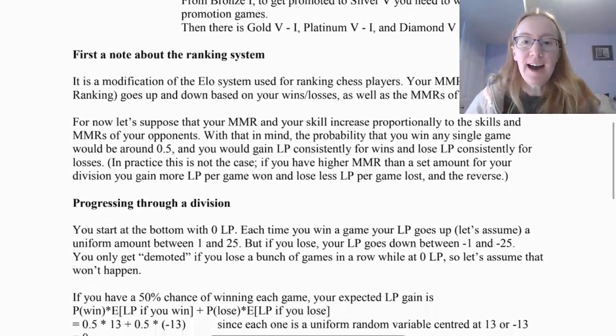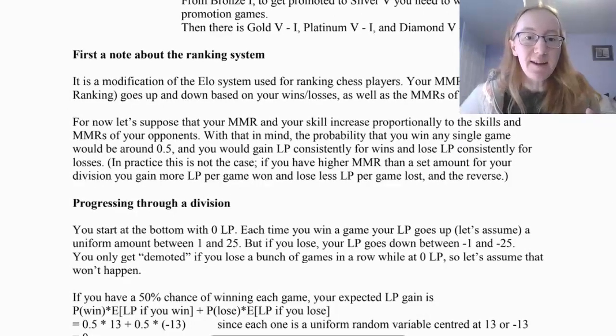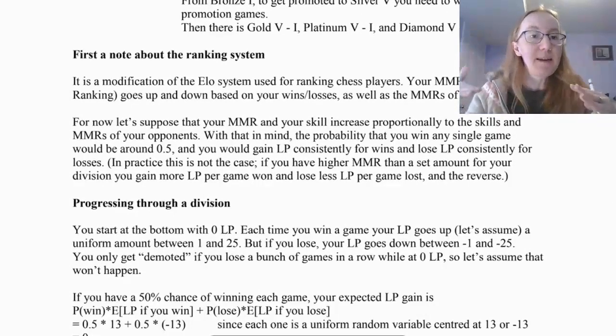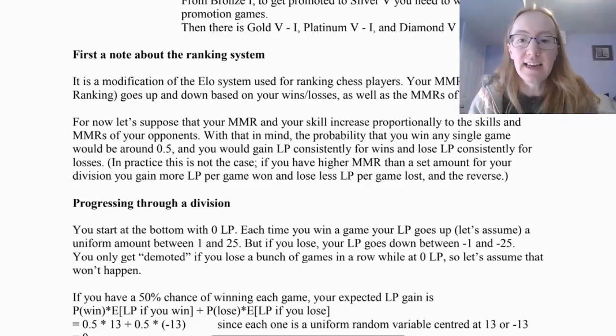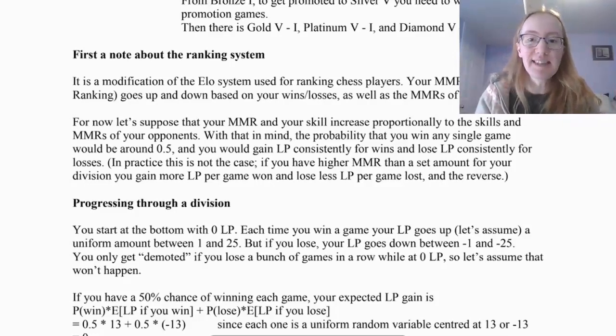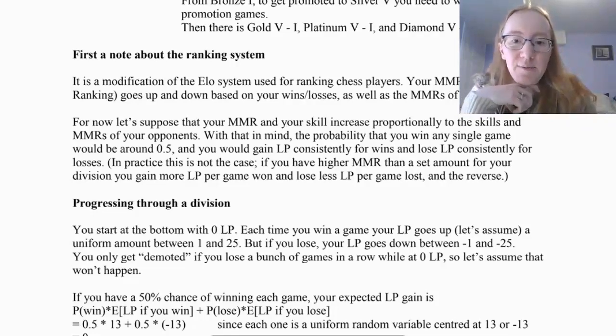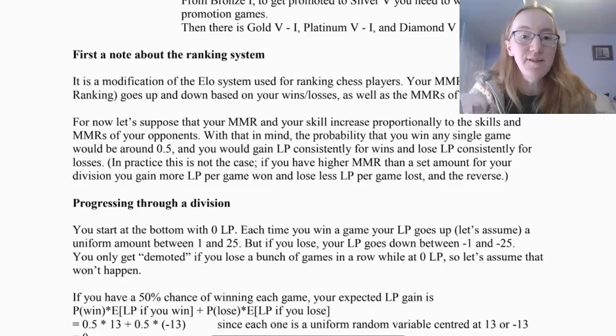So if you have a 50% chance of winning each game, then the expected amount of league points you gain on each game is, basically, using the law of total probability: the probability that you win times the expected LP if you win, plus the probability that you lose times the expected LP if you lose.